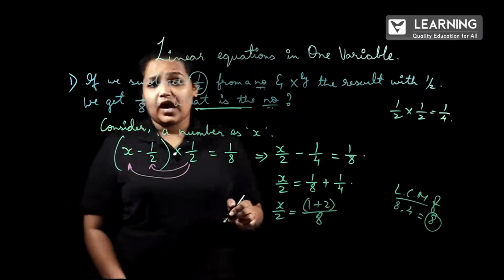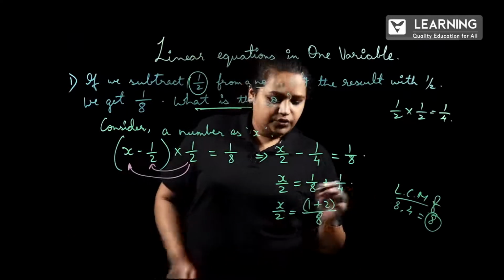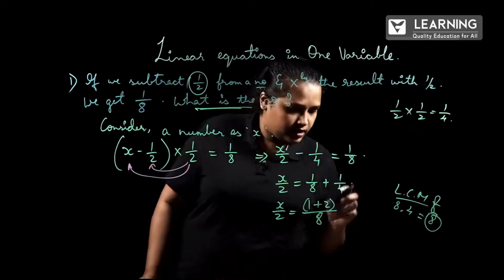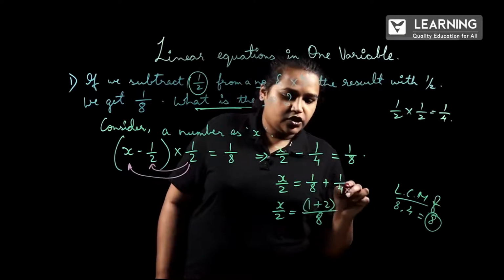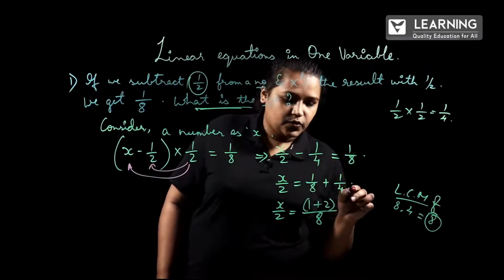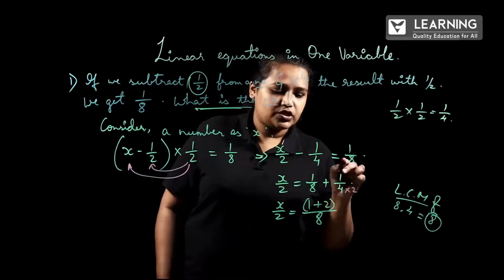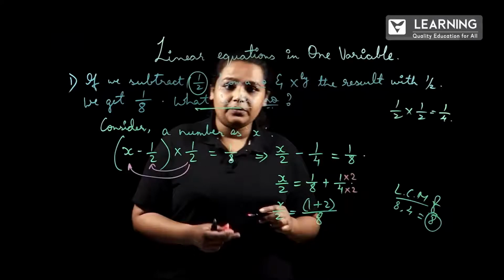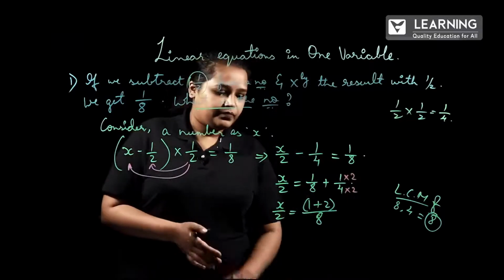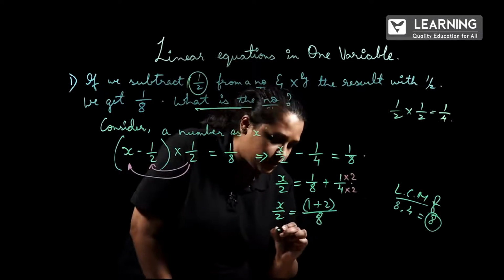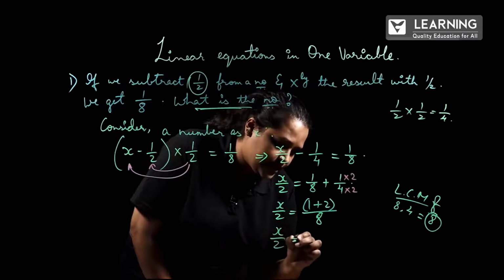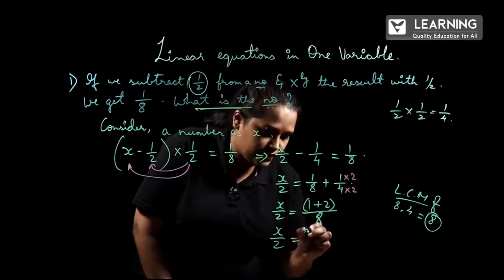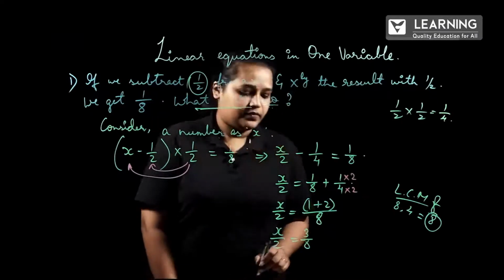I hope you understood how we get 2. To get 8 from 4, we multiply by 2, so the same number is multiplied with the numerator. So, 1 into 2 is 2. So, x by 2 is equal to 1 plus 2, which is 3 by 8.